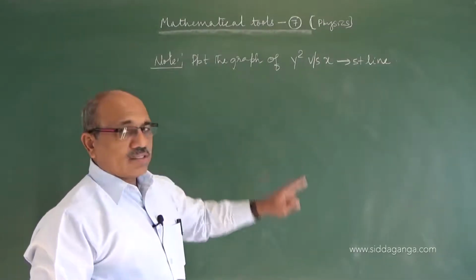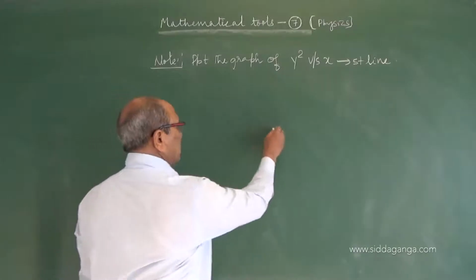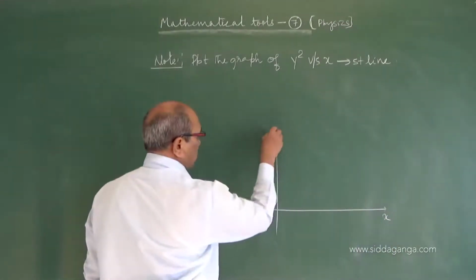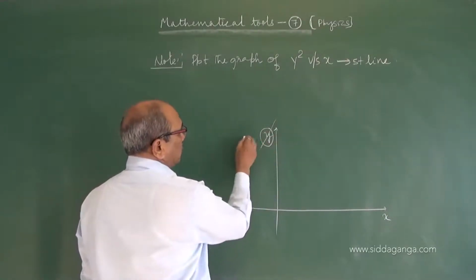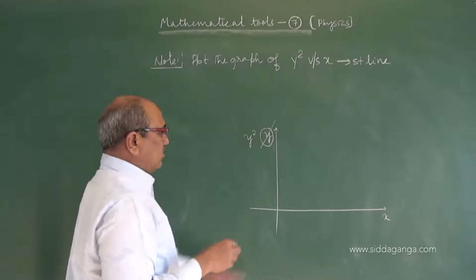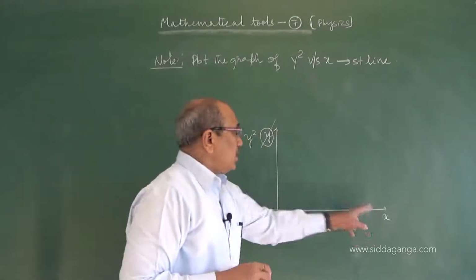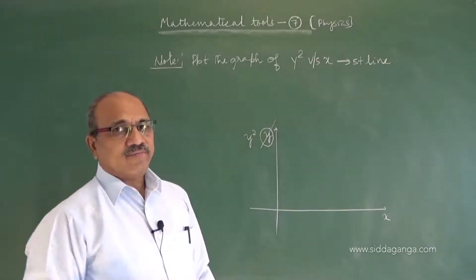Instead of y versus x in the same parabola equation, so far we discussed with y, but if I select y square as the variable, the ordinate variable, x related to y square, and I plot the graph, it will be a straight line.